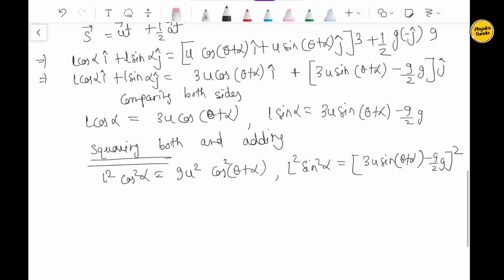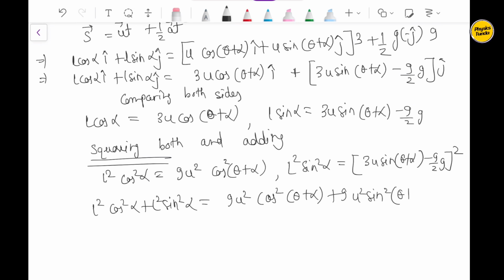Add these two values. L square cos square alpha plus L square sine square alpha equals 9 u square cos square theta plus alpha plus 9 u square sine square theta plus alpha plus 81 upon 4 g square minus 3u sine theta plus alpha times 9g.